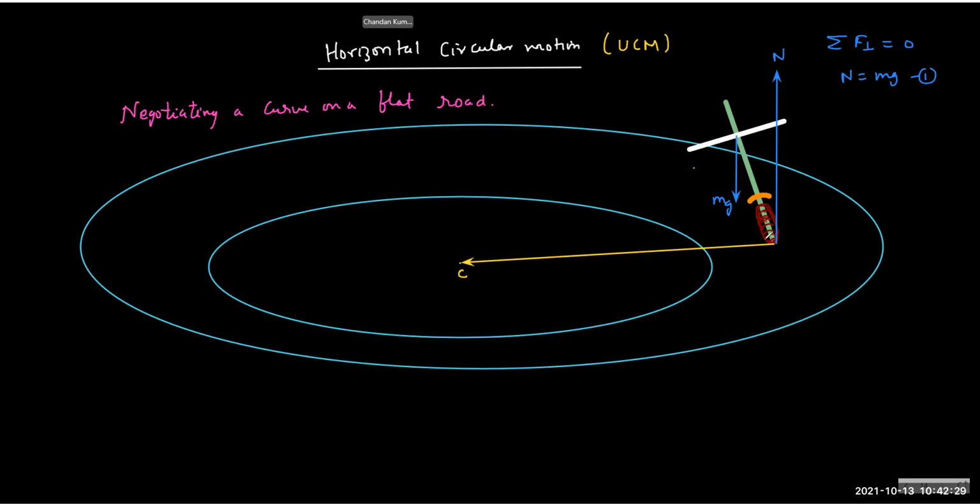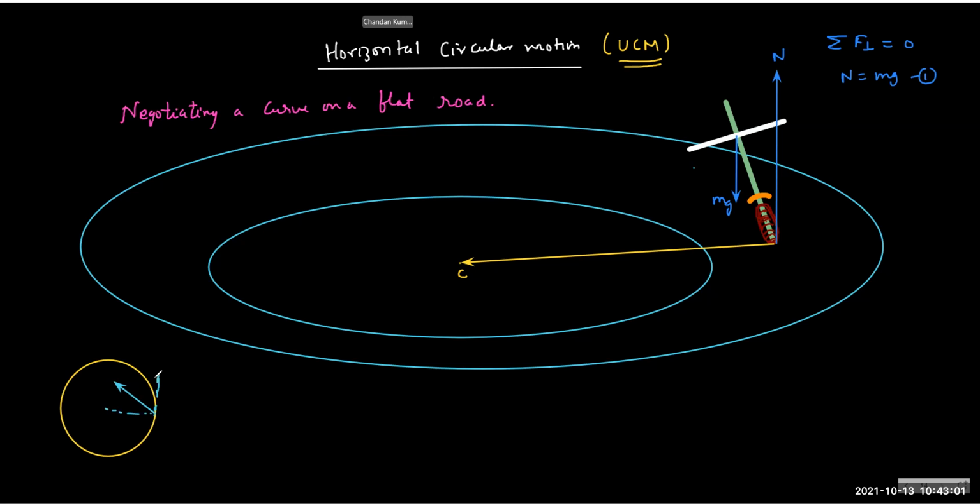The answer is, if friction does not act towards the center, then it will change the velocity. But that is not what we are trying to do. It will change the magnitude of velocity, the speed. But we are looking for uniform motion. If you look at the circular motion from the top view, what if the friction force is acting in some random direction like this? Then it will have two components, one towards the center and another like this.